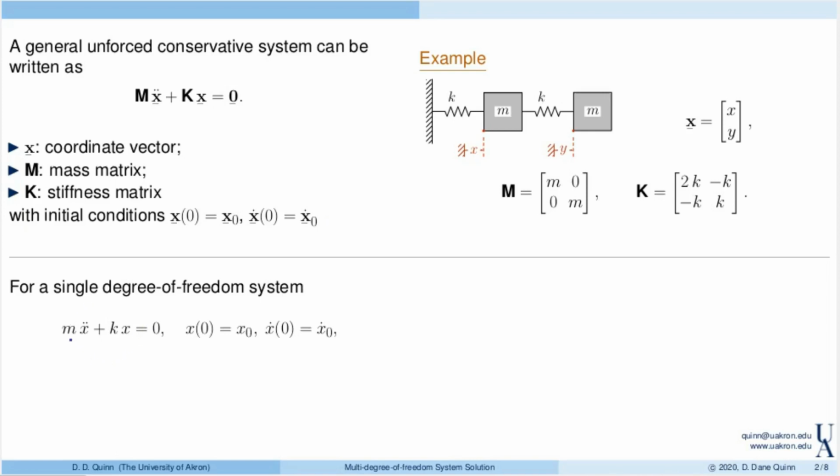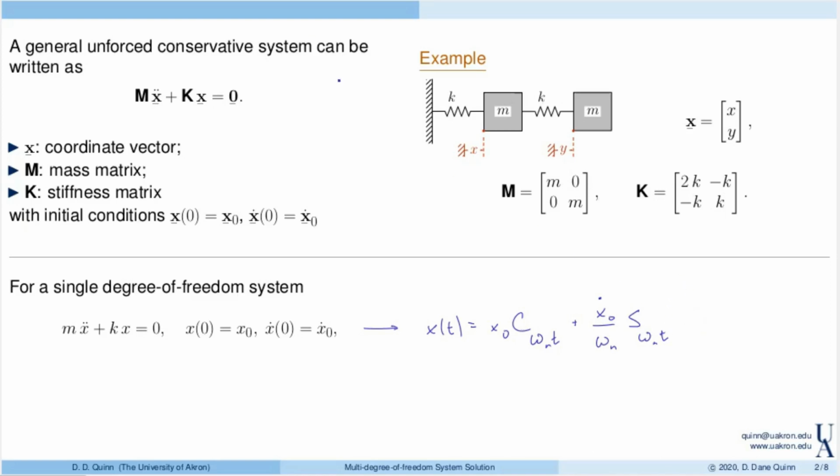For a single degree of freedom system, we had m x double dot plus k x equals 0, and these are now all scalar quantities. Again, initial conditions. And we were able to find the solution using the method of undetermined coefficients. And it ended up as x naught times cosine omega n t plus the initial velocity, x naught dot, divided by omega n times sine omega n t.